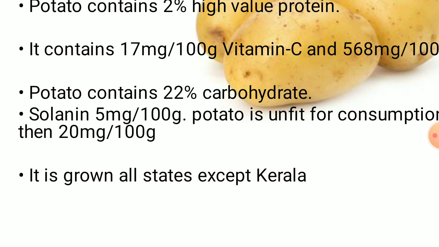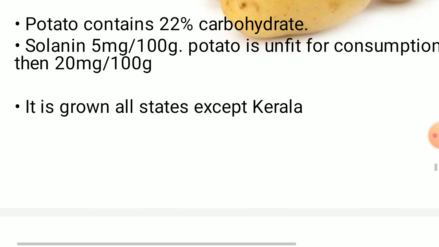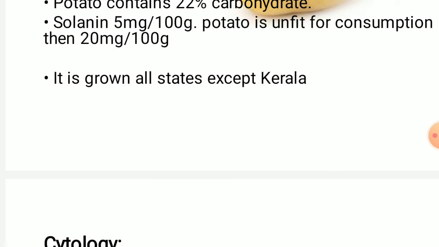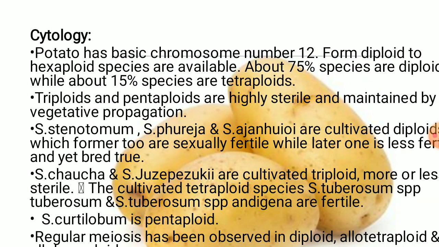Solanine content in potato is 5 mg per 100 gram. If this value goes higher than 20 mg per 100 gram, the potato becomes unfit for consumption purpose. Potato is grown all over India except state of Kerala. The next point is cytology.